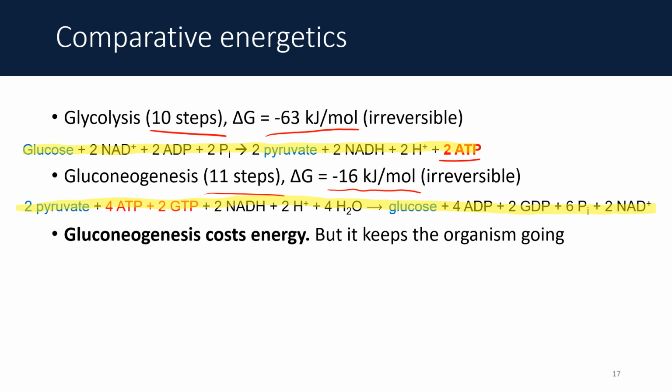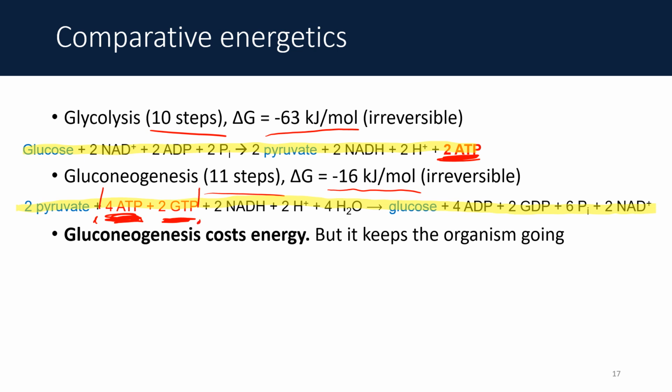We get 2 ATP molecules net from glycolysis. It does not take only 2 ATP molecules to do gluconeogenesis. Oh, no, no, no. It requires 4 ATP molecules and 2 GTPs to boot.